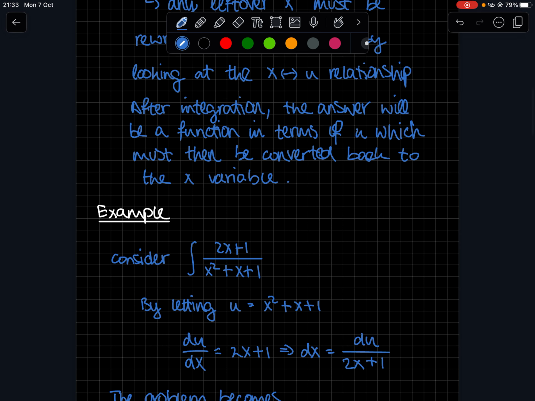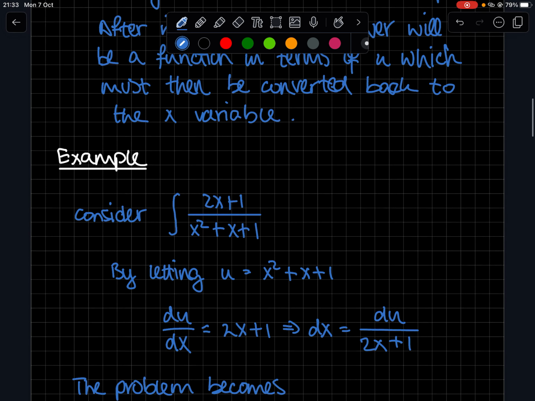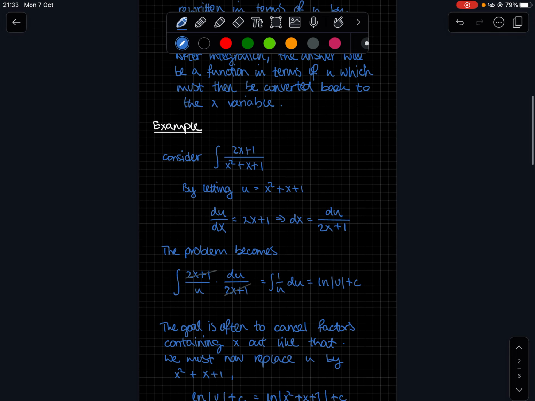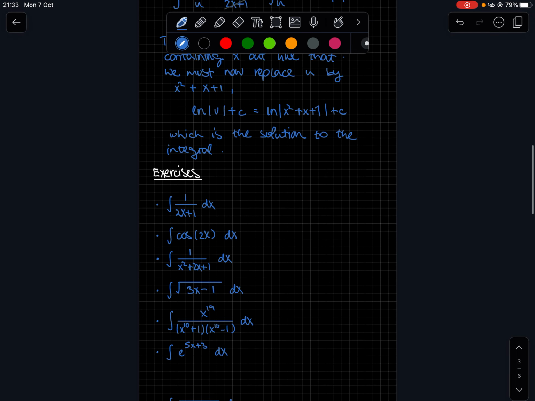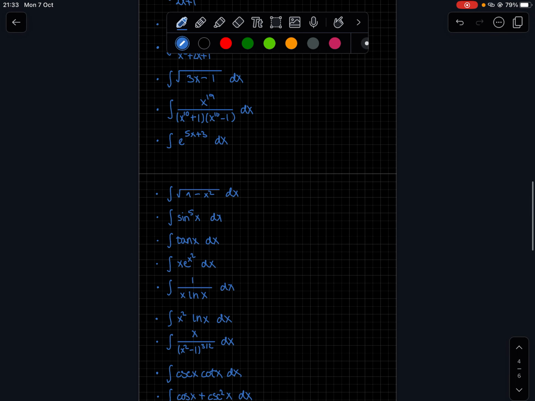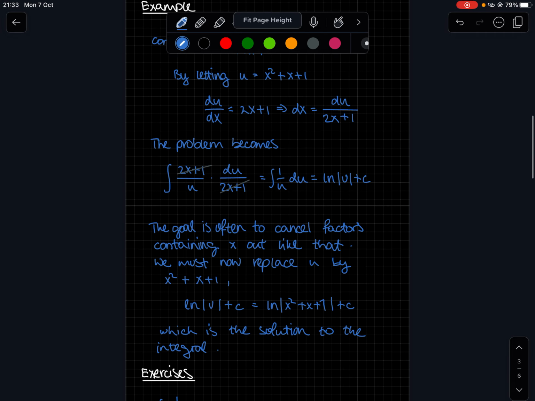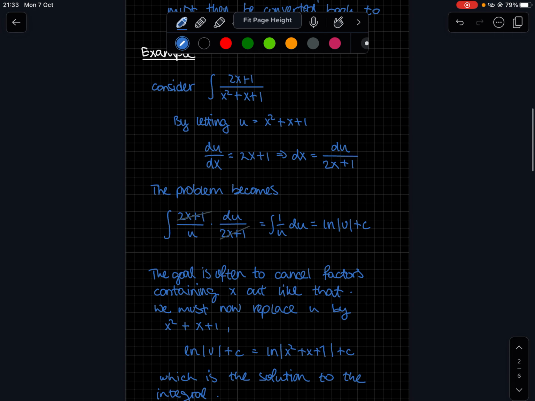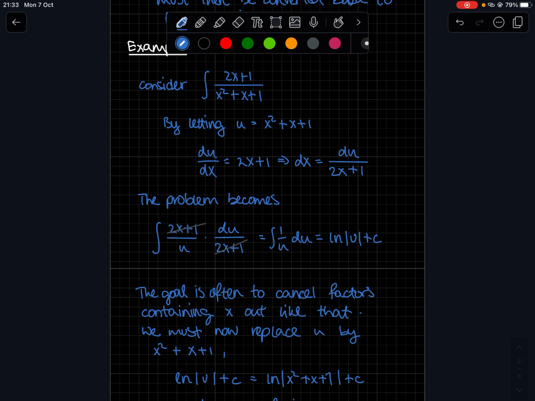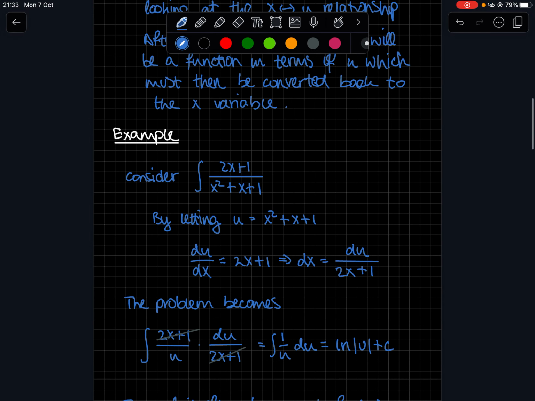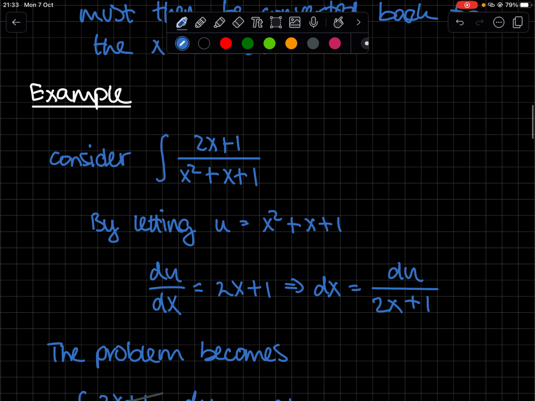Okay, so here we have an example before moving on to the other exercises. This is an example that I've worked through in detail. So consider the integral of 2x plus 1 over x squared plus x plus 1. Oh, here I've forgotten the dx, which should be there.